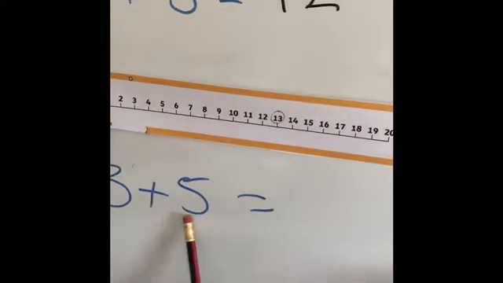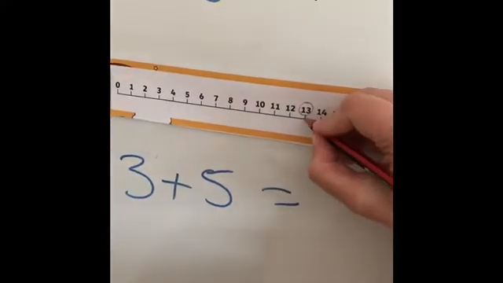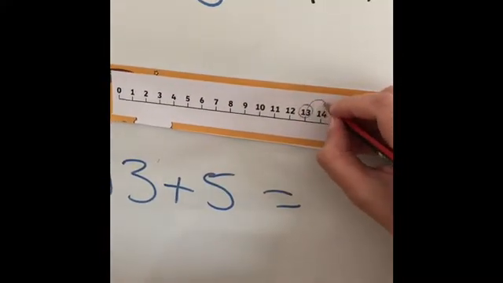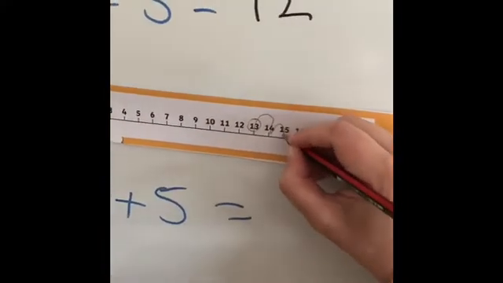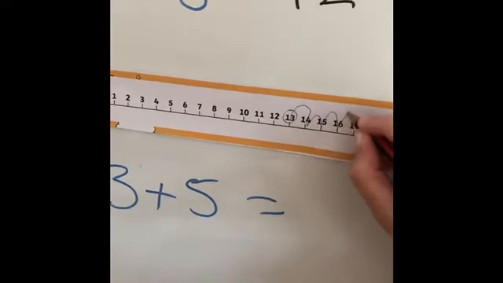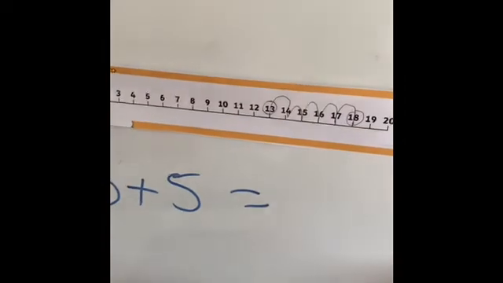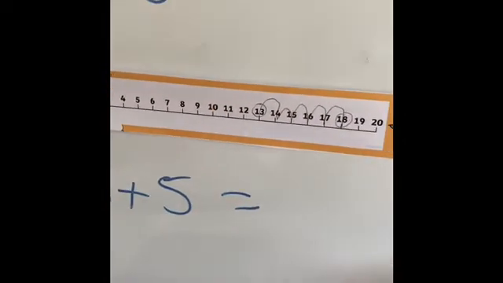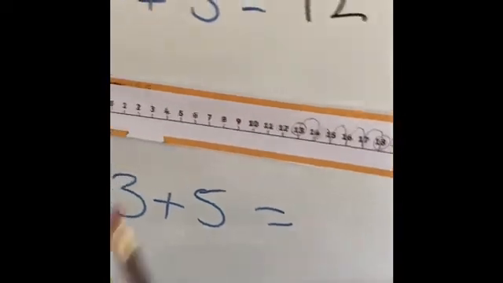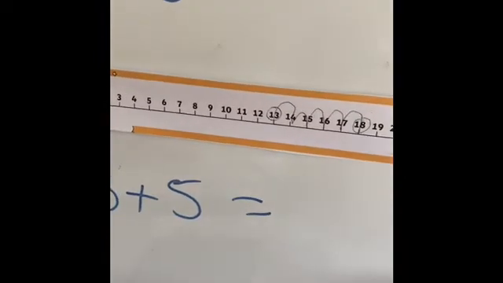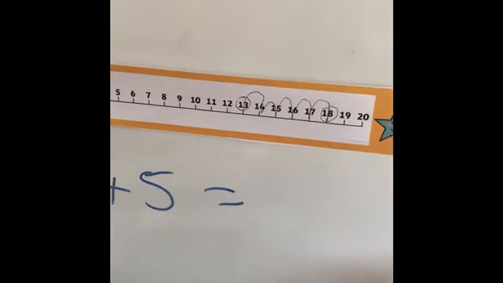And I'm going to make 5 jumps. So I start on 13 and I jump 1, 2, 3, 4, 5, which means I've ended up on 18. So you can physically draw on the jumps. Imagine it's a little frog jumping along the number line, if that helps you.